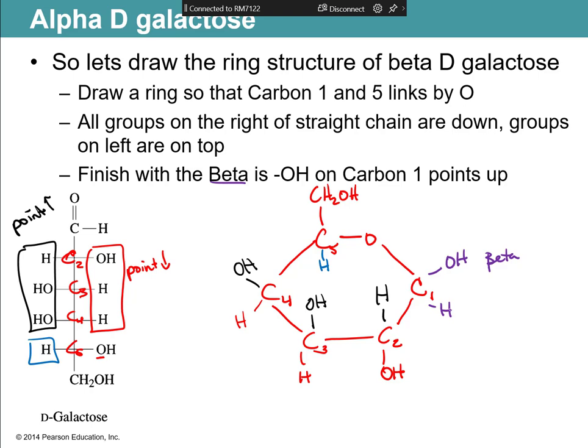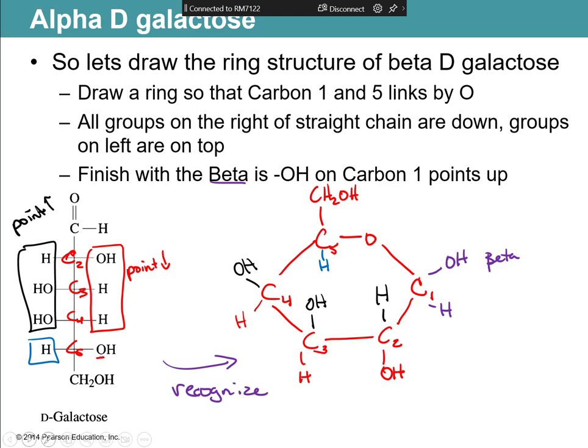So there's an alcohol and a hydrogen on carbon 1, 2, 3, 4 going around, and their positions are really determined based on the positions on the straight chain. So really what I want you to be able to do is just recognize. Looking at a ring, you should recognize the straight chain and vice versa.